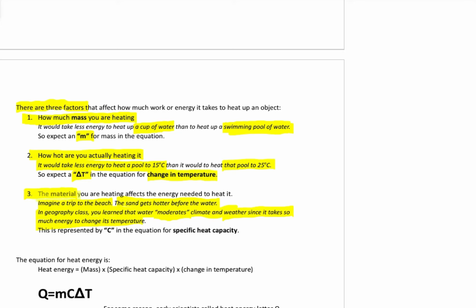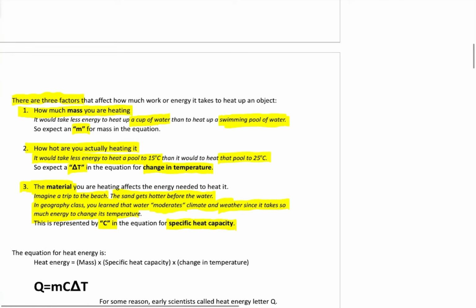But bottom line is the material that you're heating up also affects how much energy it takes. The quantity that we use to specify the material is called specific heat capacity. It's got the short form of capital C. Specific heat capacity is almost like density or conductivity, like other physical properties.